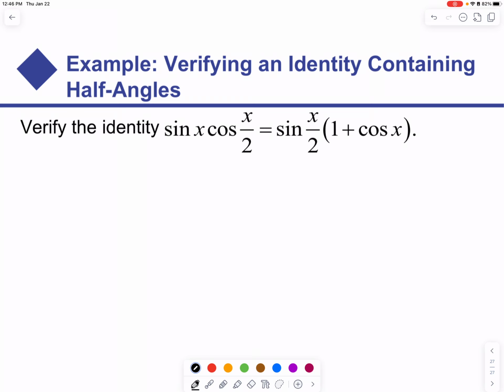So the recommendation was to replace x with x over 2 in the double angle formula identity, all right? So this looks like what? Let's look at the double angle formula for sine, right? So we'll start here. If we had the sine of x plus x, that would be, long story short, 2 times the sine of x cosine of x.